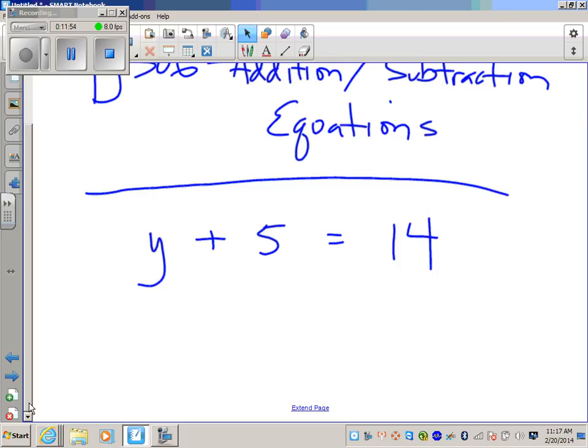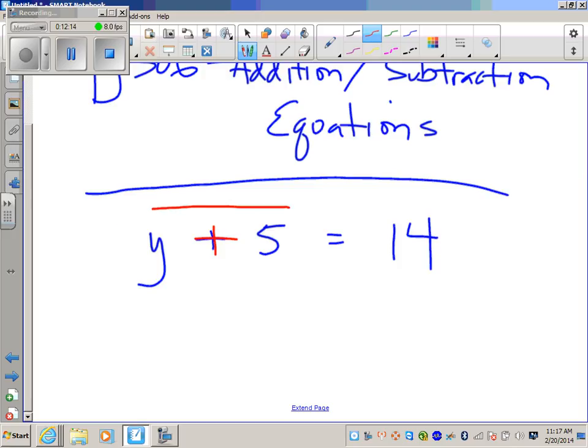Well, let's think opposites. Remember we talked about the opposites for operations. We said when I have addition, the opposite's subtraction. Multiply, the opposite's division. What is currently happening in this equation is addition.